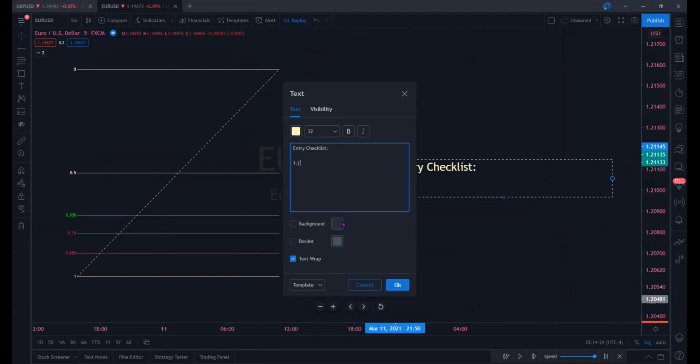First, the origin. So the anchor, or where you first click your fib, right?